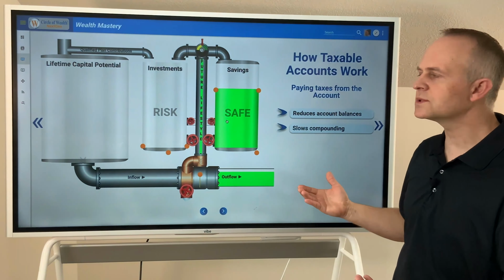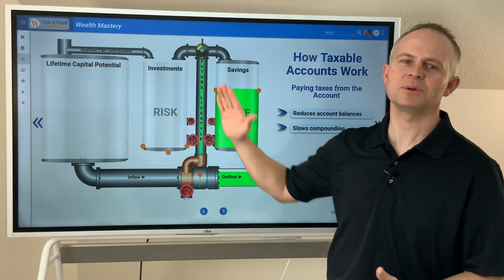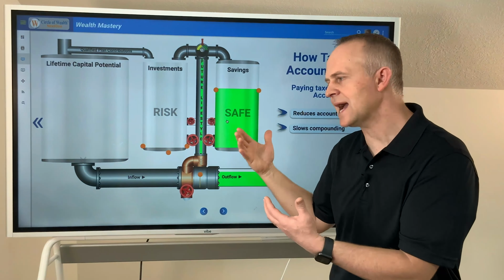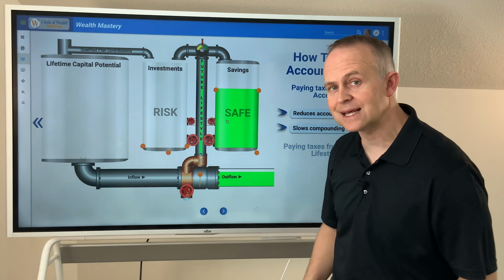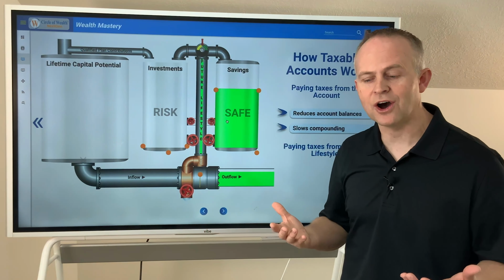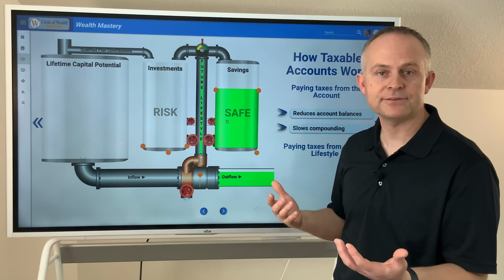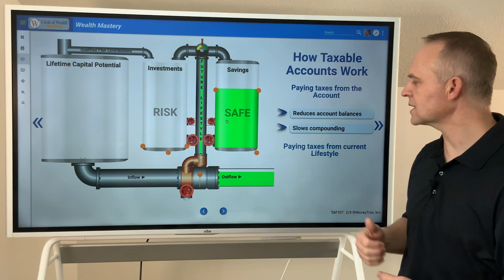So it slows that compounding interest. The compounding interest isn't quite able to grow without having to pay those taxes, and as you pay those taxes, we're losing that money. Just like we talked about in the last lesson, what is the opportunity cost of paying that money in taxes if you didn't have to? That money could have been compounding, right? So this slows the compounding.